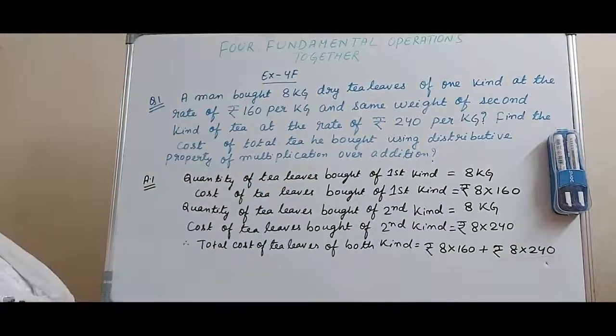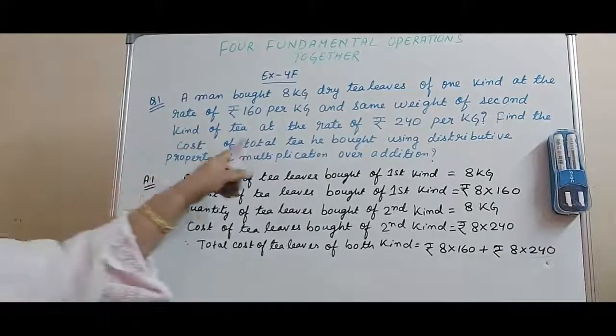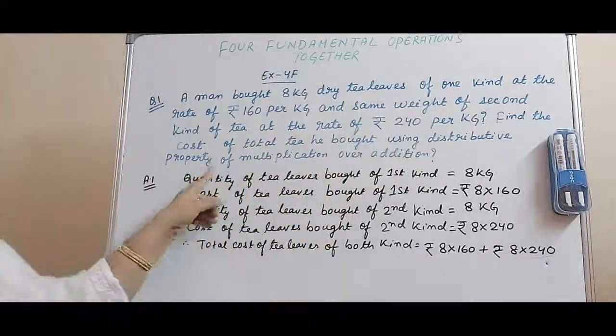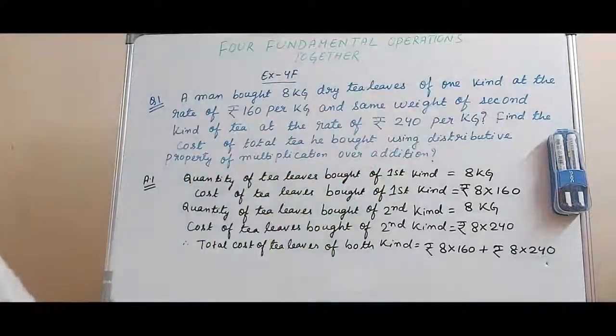Okay. Now it is telling that you have to find the cost of the total tea he bought using the distributive property of multiplication over addition.